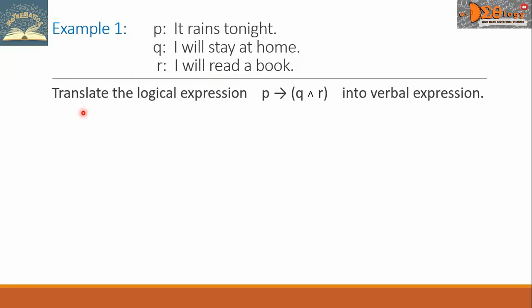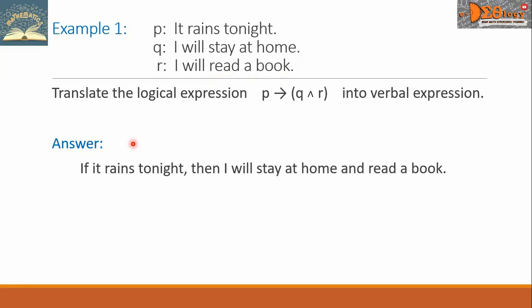The instruction is translate the logical expression P implies the compound proposition Q and R into verbal expression. The answer is, if it rains tonight, then I will stay at home and read a book.